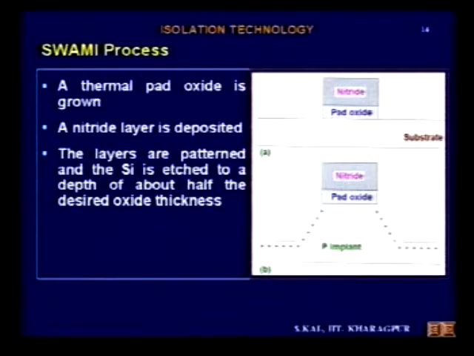So if this particular layer is not protected by the photoresist layer, here also silicon nitride will etch. So in order to solve that problem, what we do, we use another silicon dioxide layer on top of the silicon nitride, and we do the lithography with the silicon dioxide layer, then there is no problem.